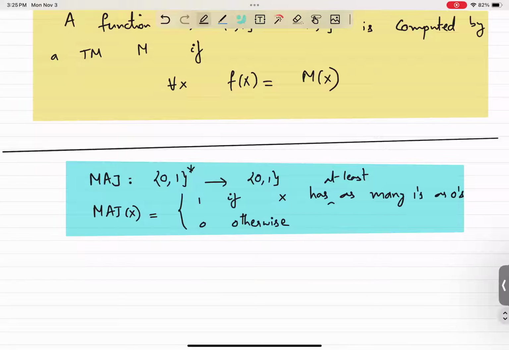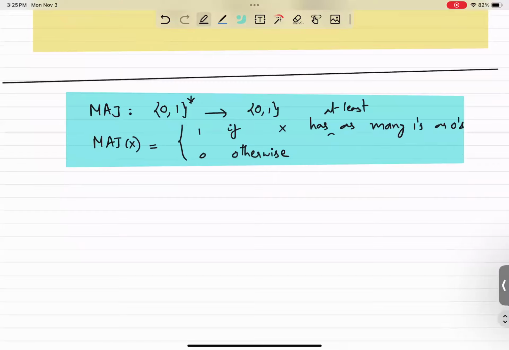We saw that DFAs cannot compute it, right? But it turns out that it can be computed by Turing machines, not too surprising.